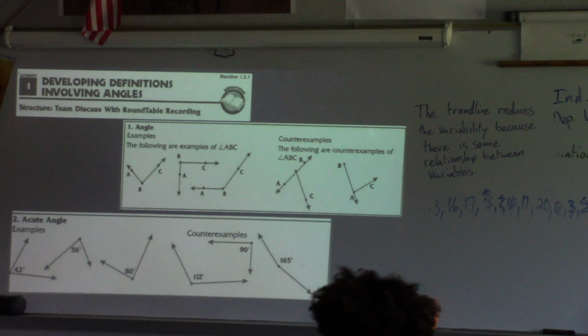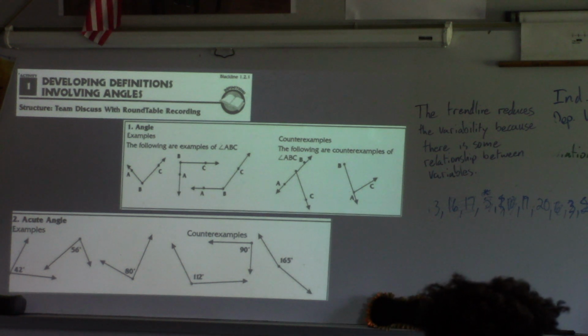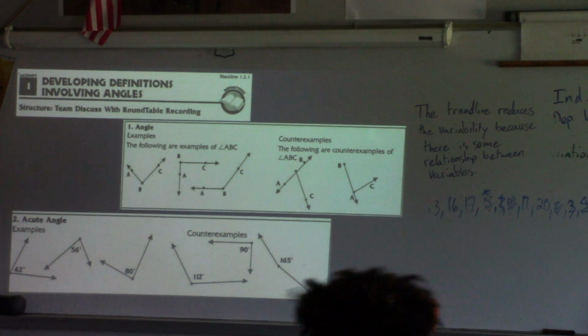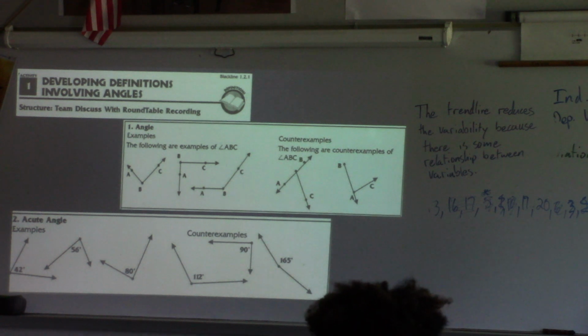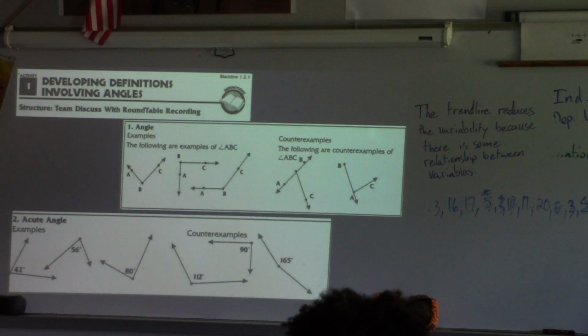Because it's a line and a ray. What do you mean by it's not in the middle? It's supposed to be this way. This has to go that way. That has to go right there.